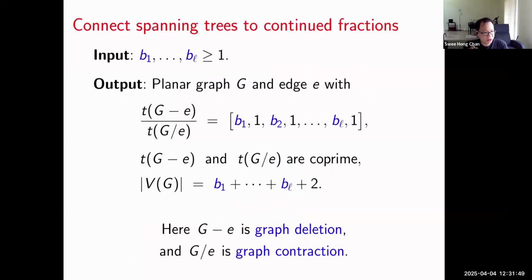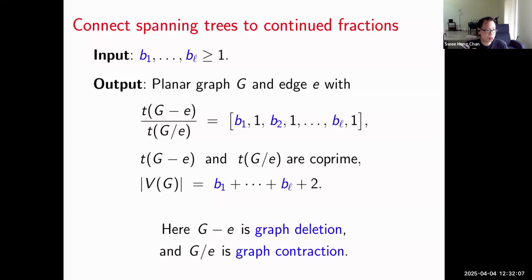In a way, I would say that our innovation here, I think, is that we are the first people who try to keep track of both T(G minus E) and T(G over E) at the same time as the continued fraction. That is maybe a little bit small innovation.